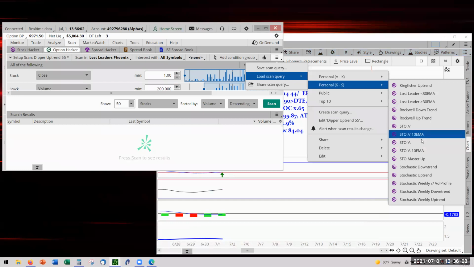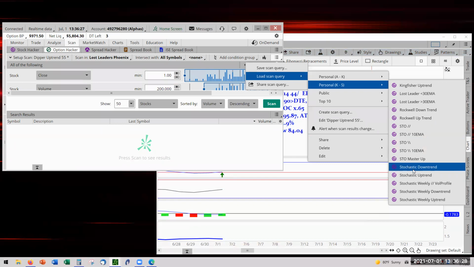These are stochastic uptrend, downtrend, which is the core, the center group of the center commands of the stochastic. Then I elaborated one more step by saying price had to be either close or above in the direction of the stochastic. That is number 2, and number 3 is our stochastic downtrend uptrend. Here, the difference is price must be closing above or below the 10 EMA.